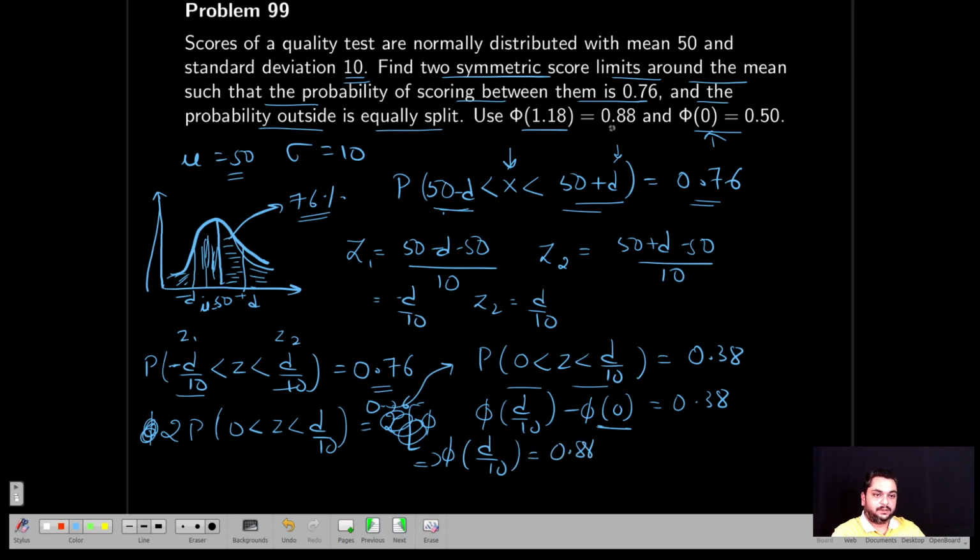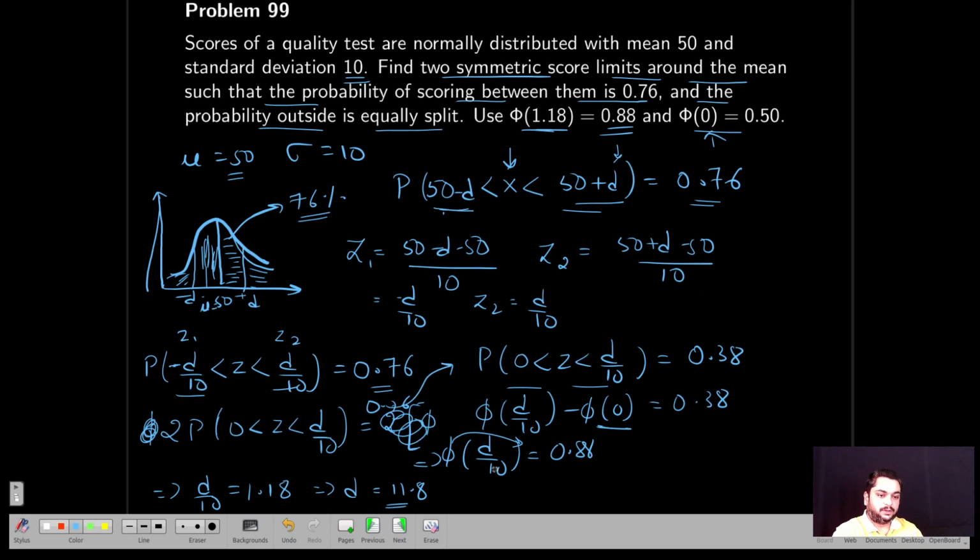If you observe, they have given this 0.88 value also. So that implies D by 10 is equal to, taking the inverse now, phi inverse of 0.88, which is 1.18. So that implies D is equal to 11.8.